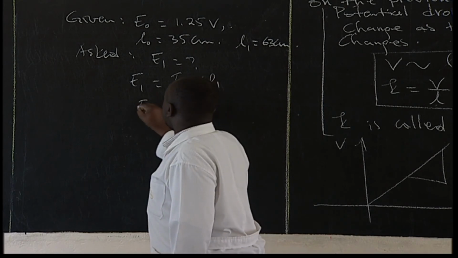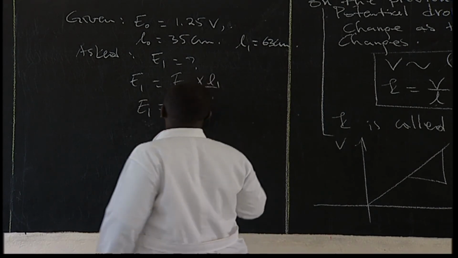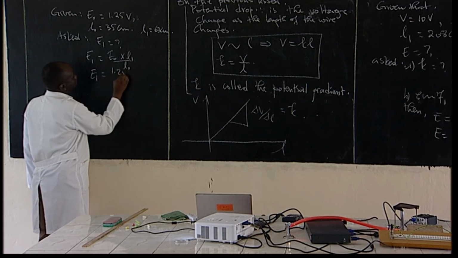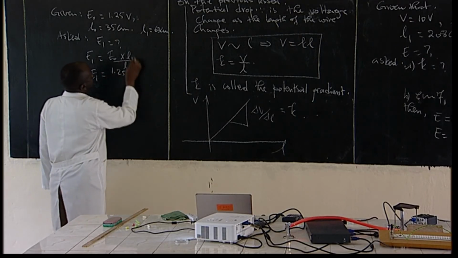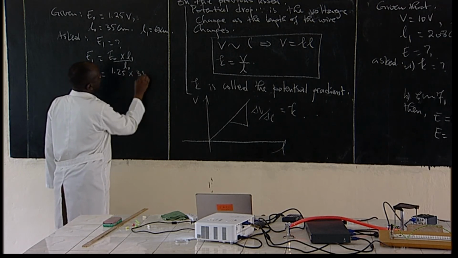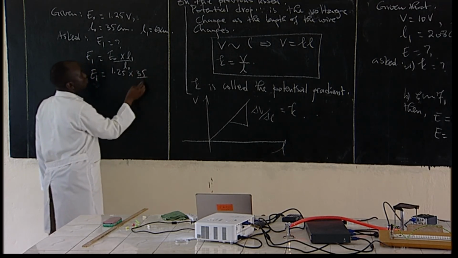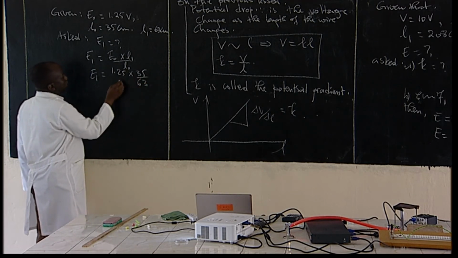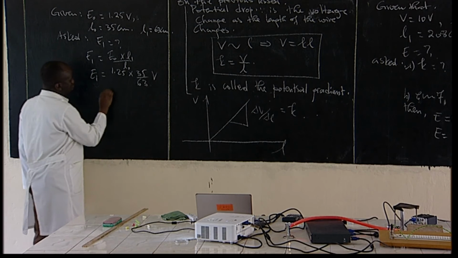So if we substitute, we find E1 is 1.25 times 35 over 63, because we have the same unit, no reason for converting them into meters. And then the answer will be in volts.